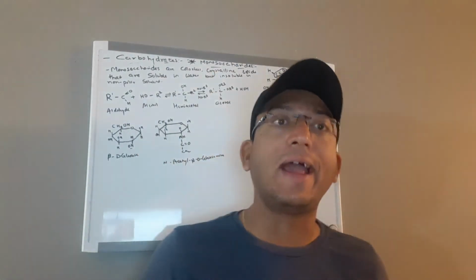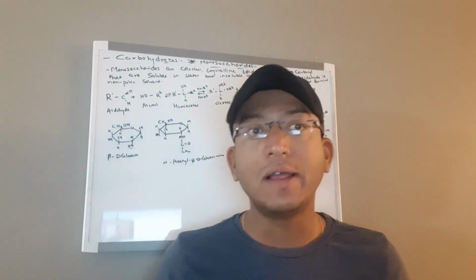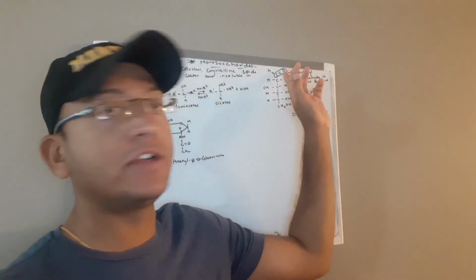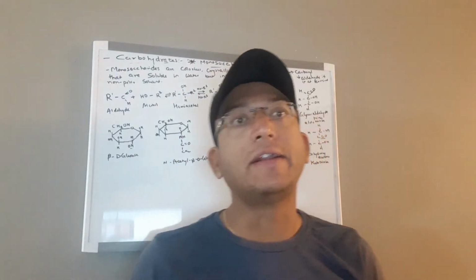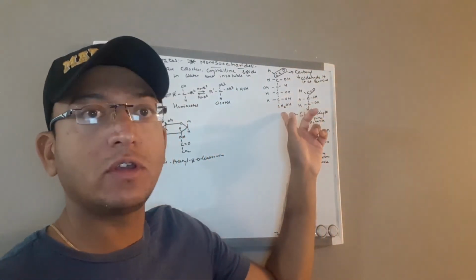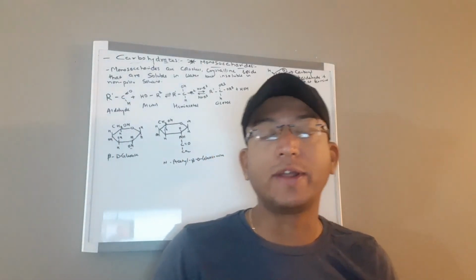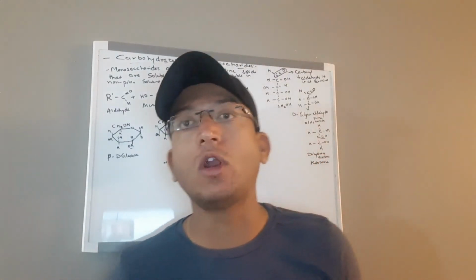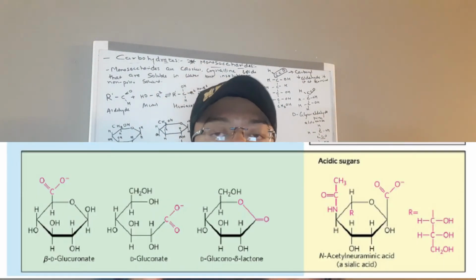Both the aldonic and the uronic acids form stable intramolecular esters called lactones. If the oxidation is here, it produces gluconic acid, the aldonic acid, and if the oxidation is here, it produces a uronic acid. And you can see that on your screen as well.